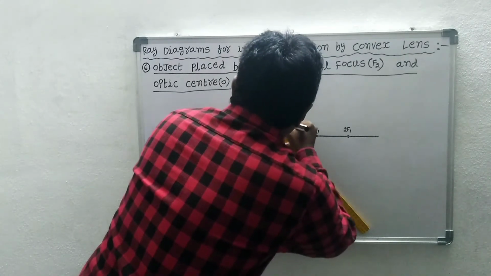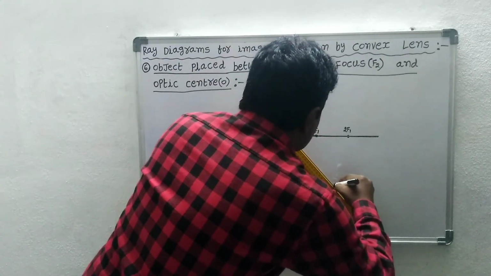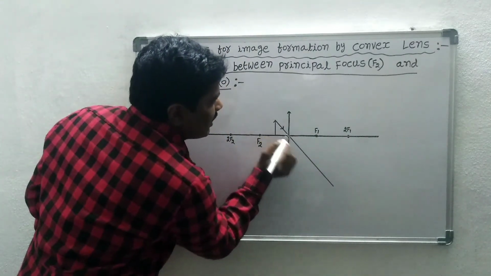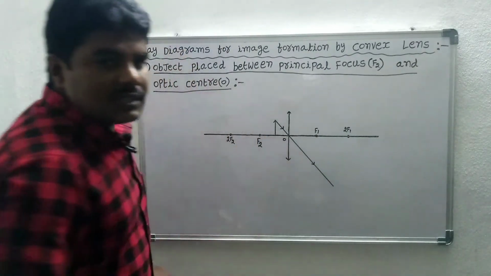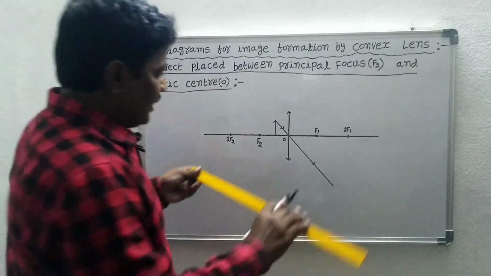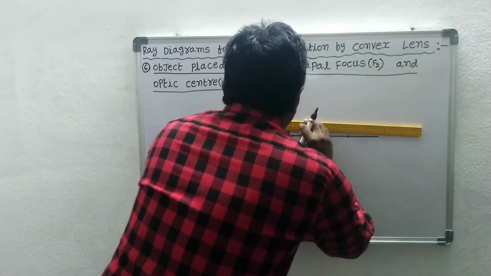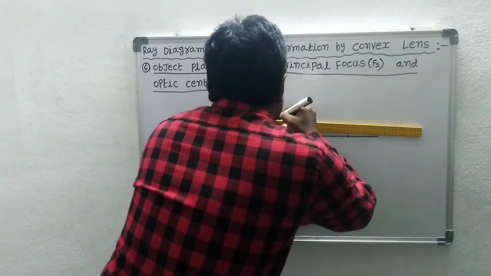It goes straight like this. Now we take the light ray parallel to the principal axis.